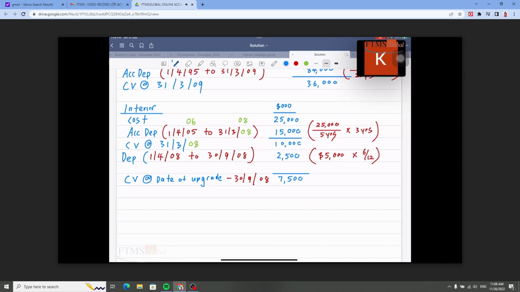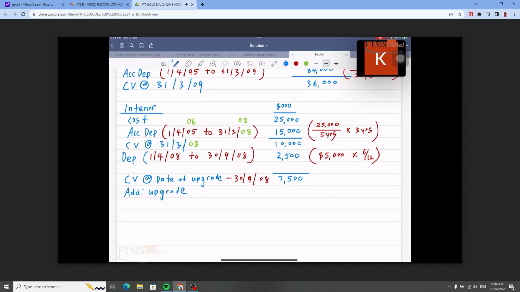Okay, right. So this is the starting point, correct? Once we calculated the carrying value at the upgrade, the next thing we need to do is to add the upgrade. So the value of the upgrade according to the question is 4.5 thousand, right?